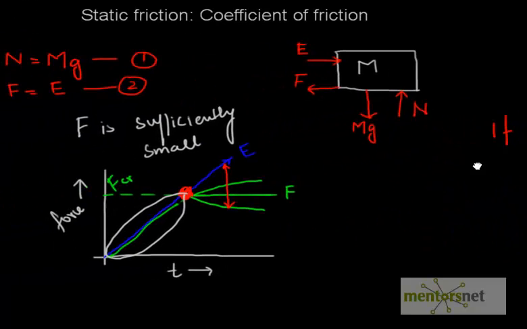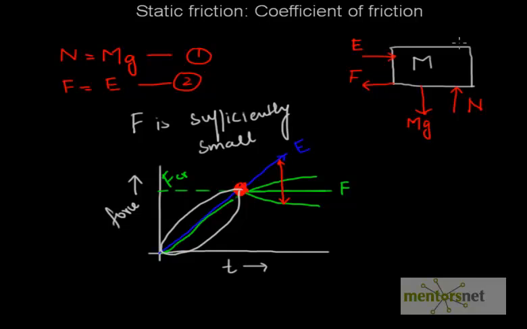So this is where the coefficient of friction comes in, and this is a simple model for friction. Friction is actually a very complicated phenomenon involving surface textures and atomic forces, but if we do not want to get into that complexity, we can have a simple model which says that F critical is equal to mu s into N, where N is this normal reaction and mu s is a coefficient.